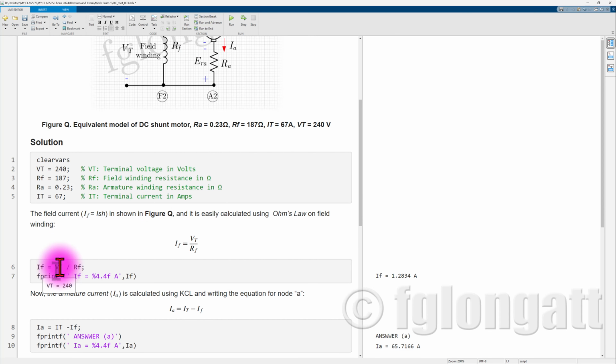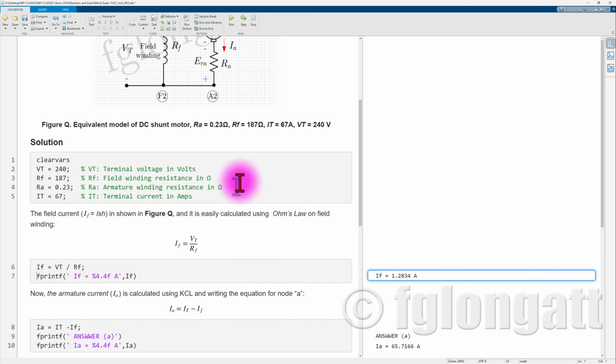Here we are dividing the 240 volts of the terminal voltage by the field winding resistance, 187. As you can see on the right hand side, the field winding current is equivalent to 1.28 amps.